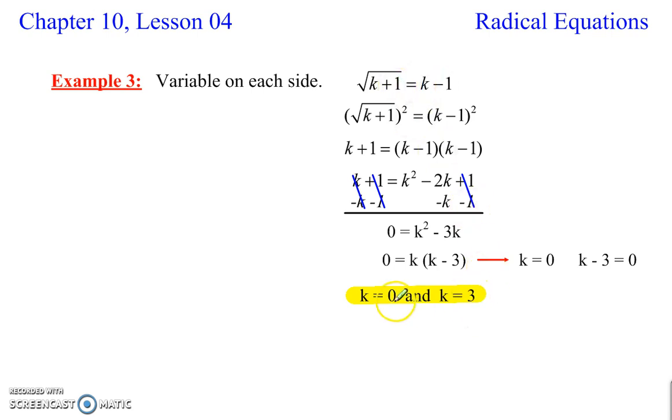So that's good. If I put in 0 here, 0 plus 1 is 1. Square root of 1 is 1. 0 minus 1 is negative 1. So it can't be the 0 because I would get a negative 1 over there. So this answer doesn't make sense with the initial problem. So it is k equals 3 as an answer.